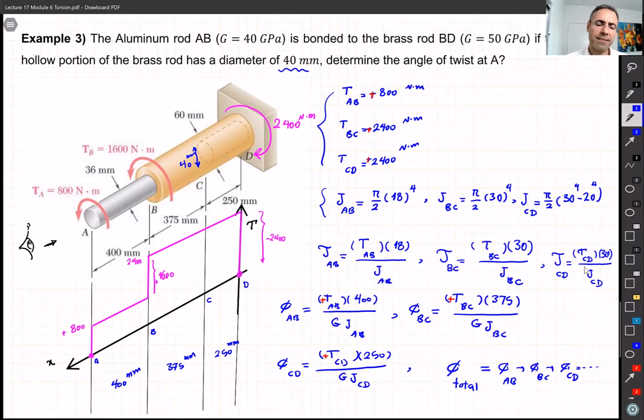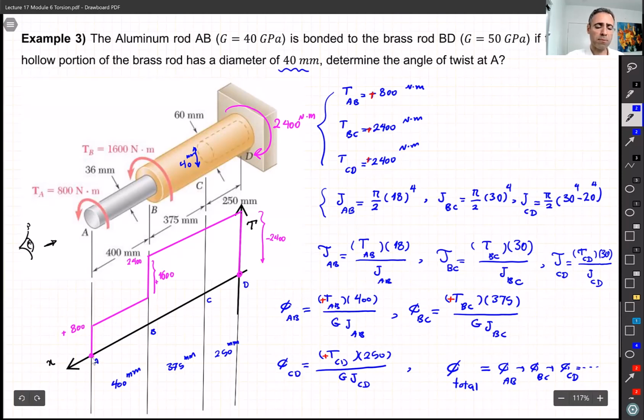So again, that's sort of the most difficult problem that you're going to see in this module. And as you see, if you follow this step, first, find the reaction at the support. That part is easy. In order to balance these torques, you need something at the support to cancel them. And then the next step is draw these T and X diagram, the torsion diagram.